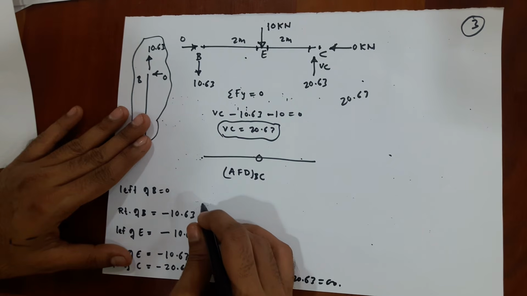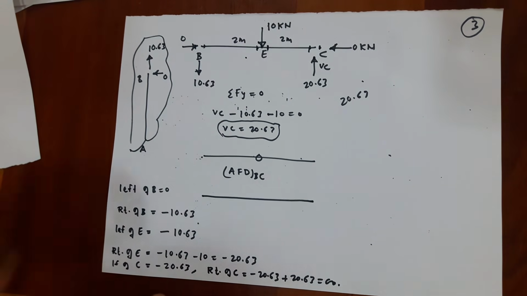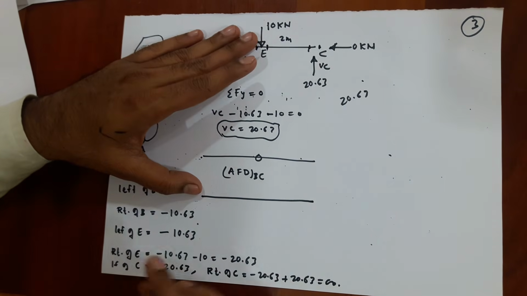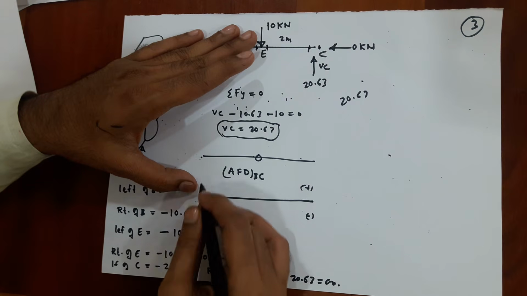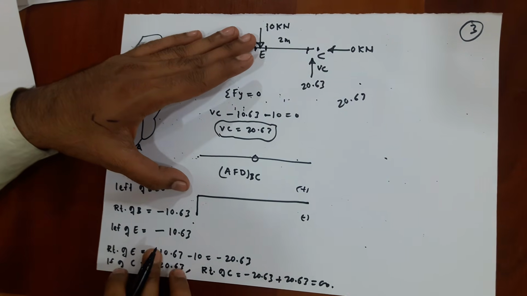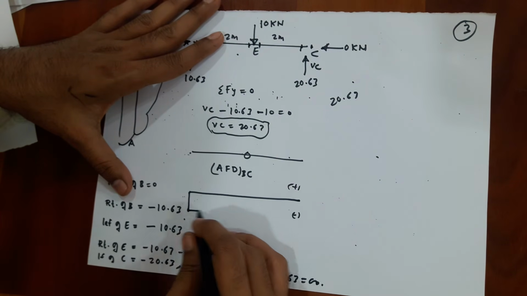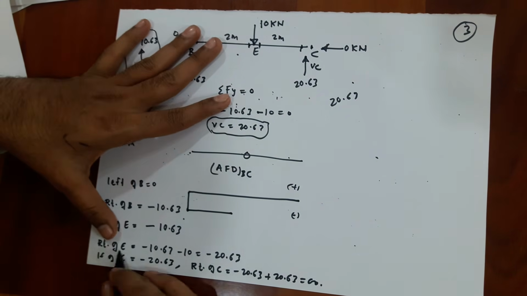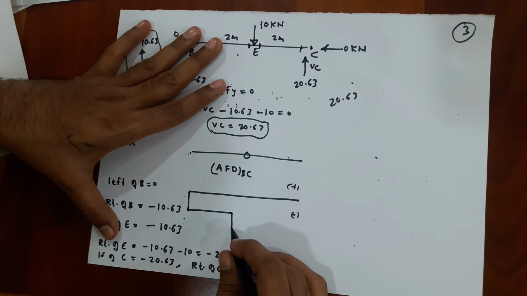So draw the shear force diagram. At left of B 0, positive, negative. Left of B 0, right of B minus 10.63. Left of E, same value, minus 10.63. Right of E minus 20.63.